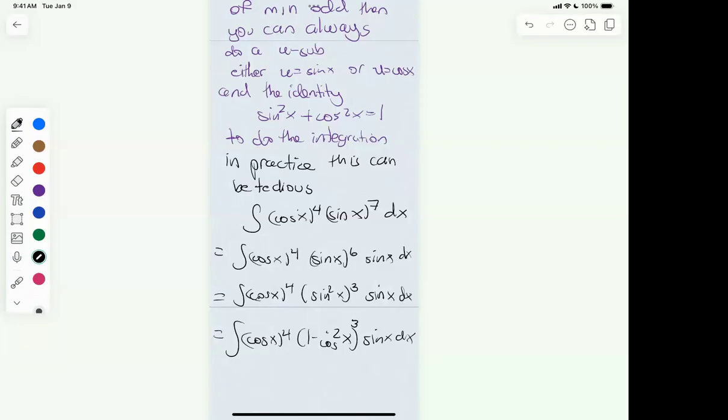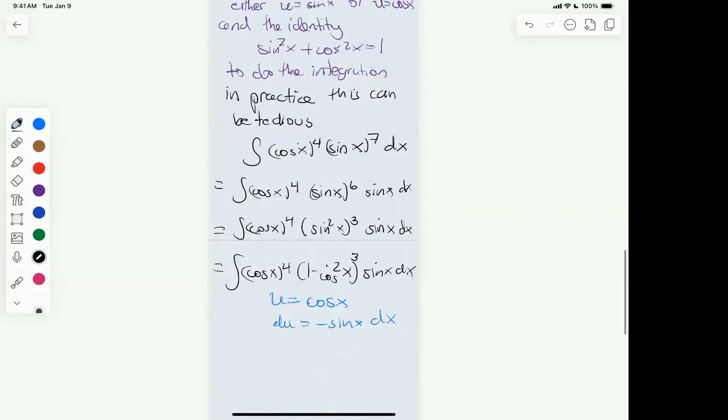And then if you make a u sub, u equals cosine of x, then du would be negative sine of x dx. Then you would get u to the 4 times 1 minus u squared, cubed, times negative du, I guess.